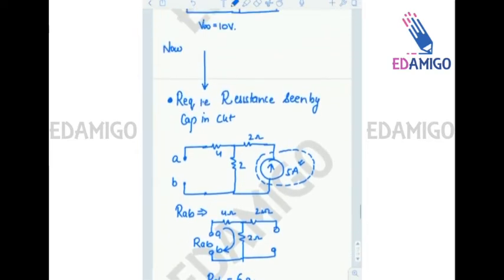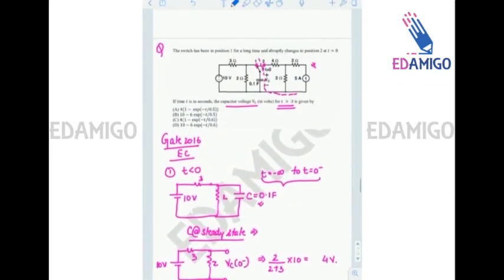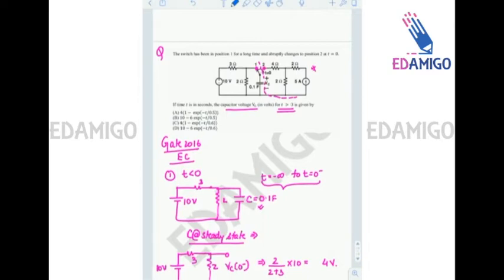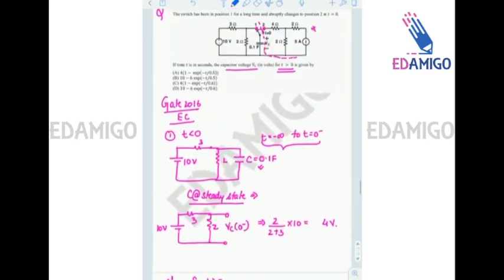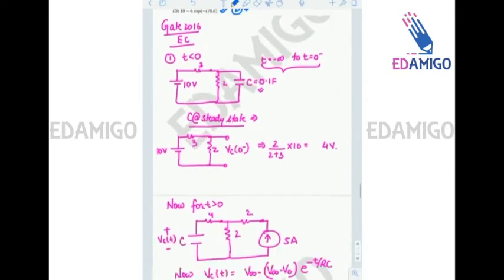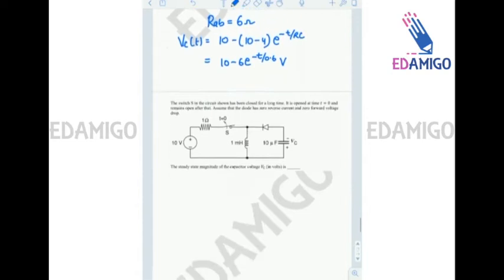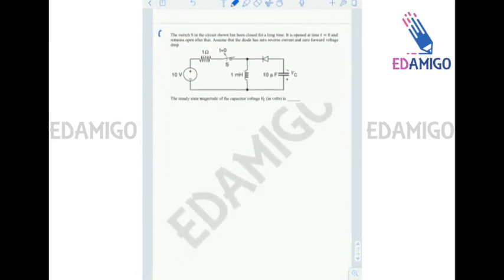Since this was an option question, we can easily see that it is 10 minus 6 e to power minus t upon 0.6. So the option is D. Okay, so this is the question, right? Now another question.